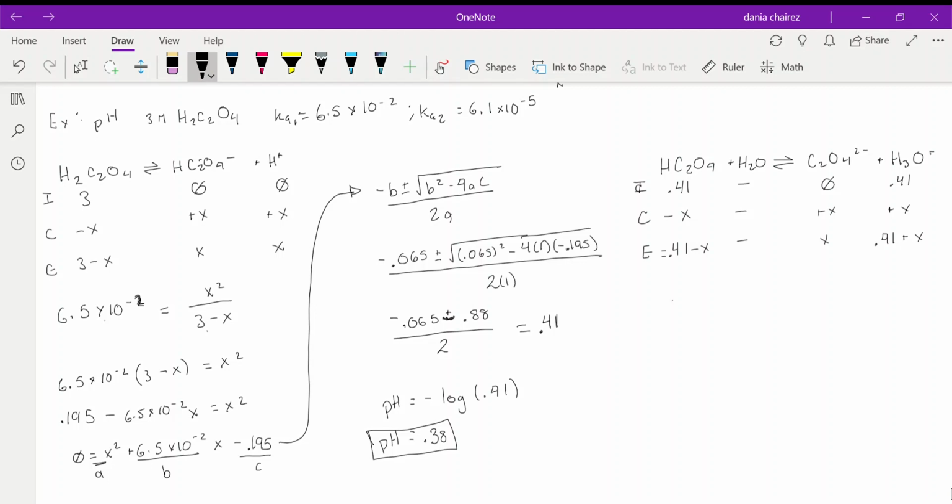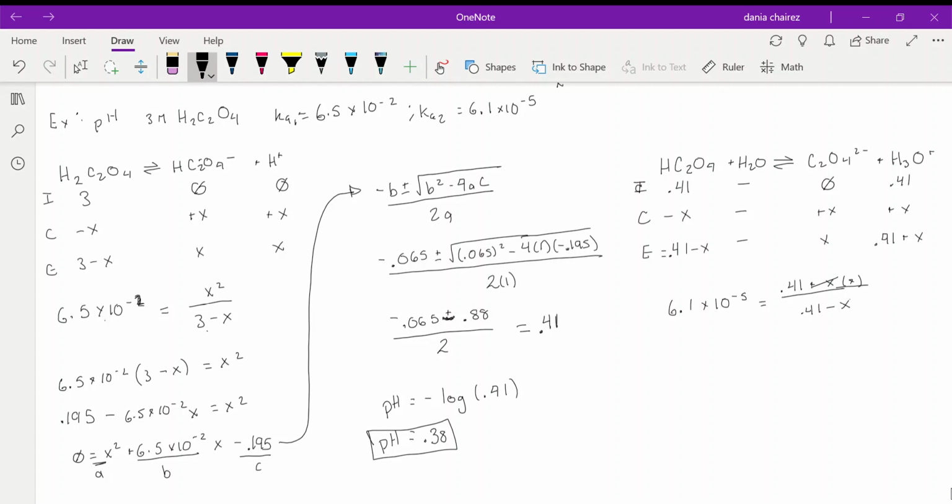We solve using our second Ka, which is 6.1 times 10 to the negative 5 is equal to 0.41 plus x times x all over 0.41 minus x.